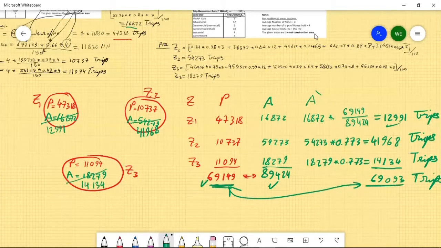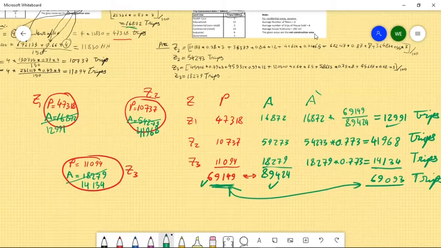These are going to be the adjusted or the balanced attractions. This way now we have balanced production and attraction. So from here we go to the second step, step 2, which is basically the trip distribution.